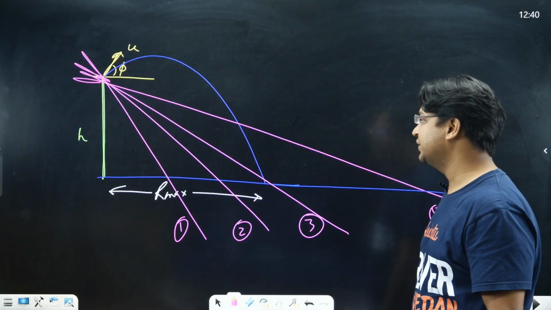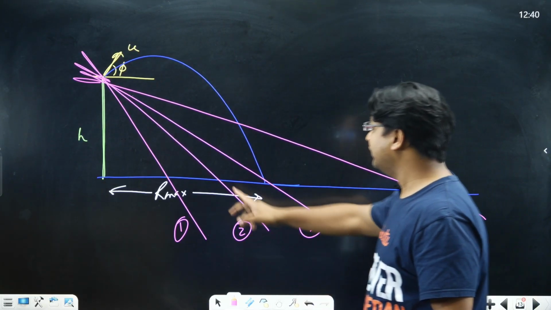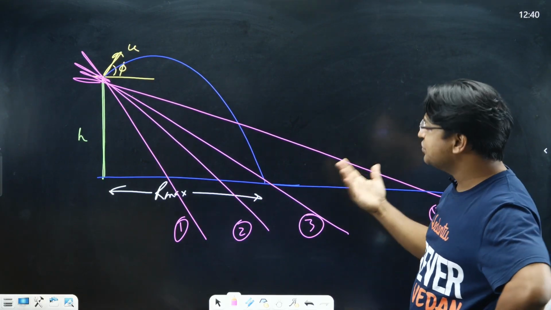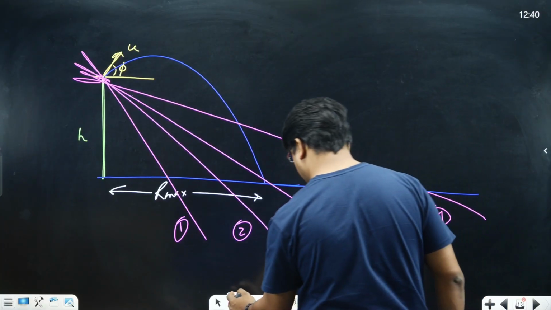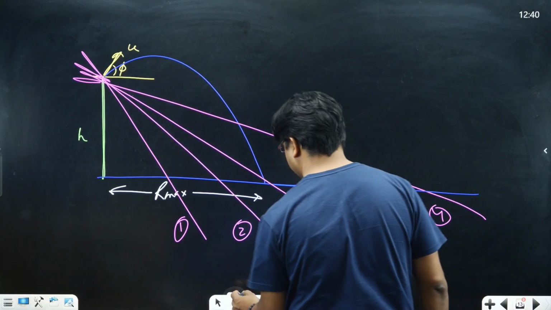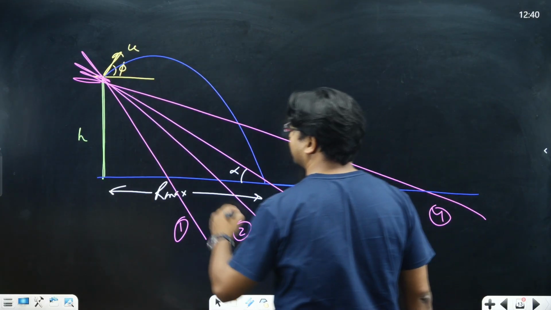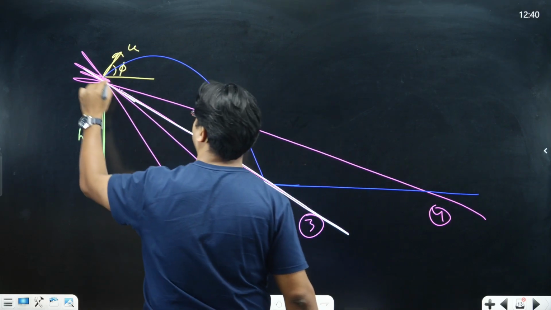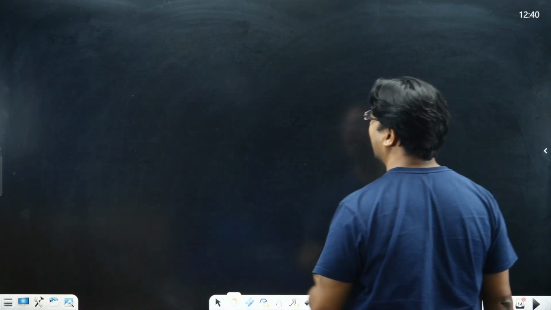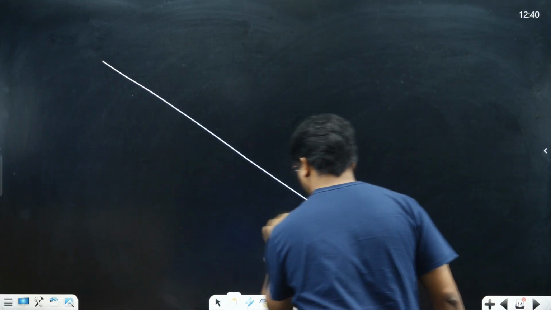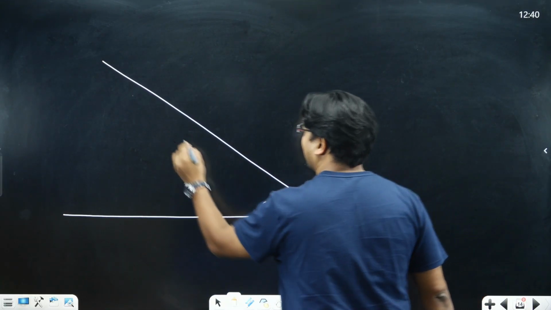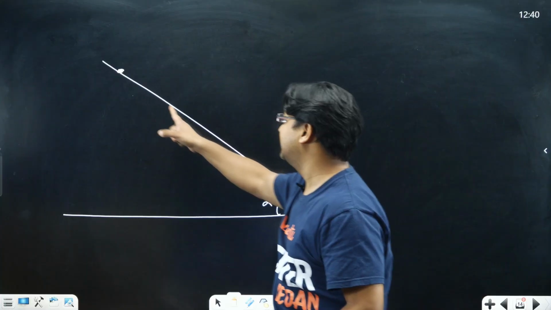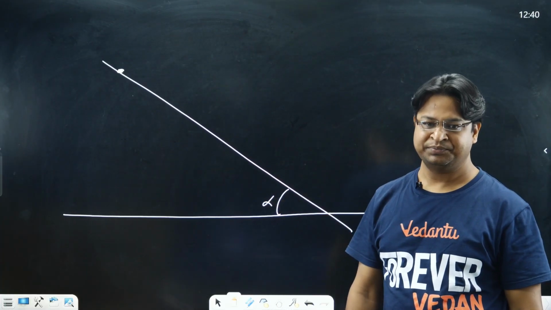Now the one which is passing through this point, suppose the question would have been that I am giving you this inclined plane, let's say this angle is alpha. Let me modify the question. So the question is now that I am giving you an inclined plane making an angle alpha, and you are to throw a particle from this point and ensure that we get maximum range along here.